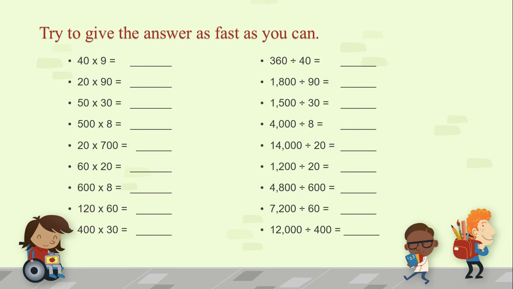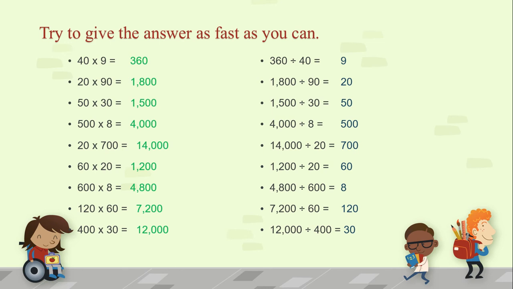Let's see the answers now. Here you are. 40 times 9 is 360. 20 times 90 is 1800. You will notice that the questions in the multiplication side and the questions on the division side, they are parts of the same fact families, which means that they are going back. 40 times 9 is 360, and we will find that 360 divided by 40 equals 9.